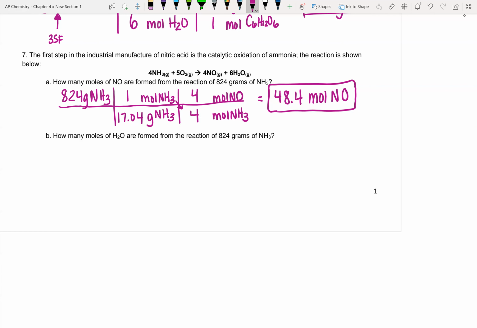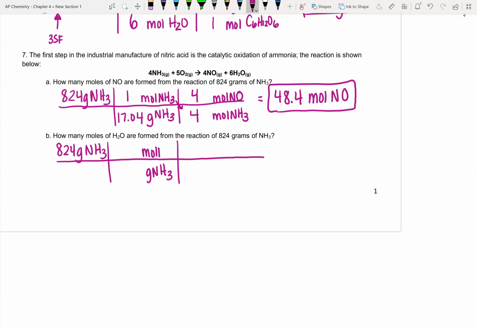The last question is going to start off very similar to letter A. And the reason why is because you're starting with the same amount of grams of ammonia. 824 grams of ammonia, but this time we're going to convert to water and not nitrogen monoxide. So grams of ammonia need to be canceled first before we go to moles.